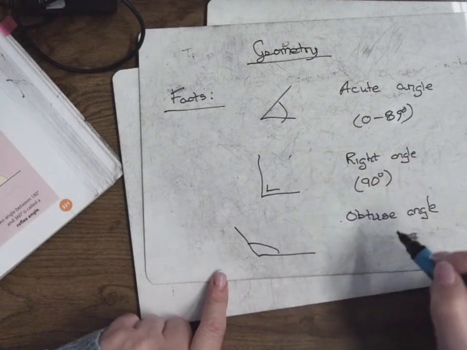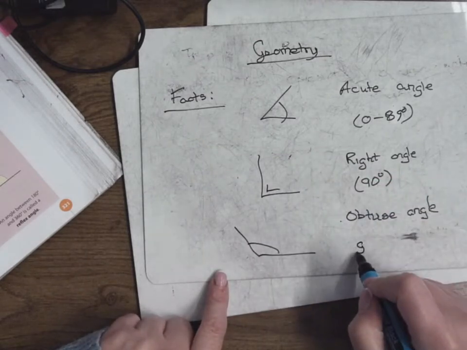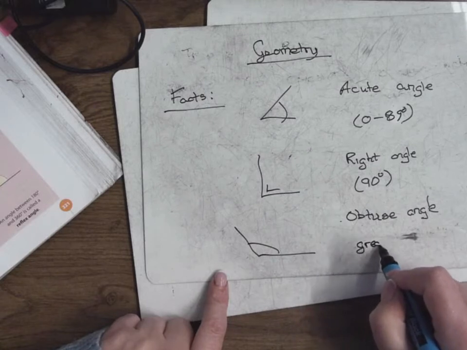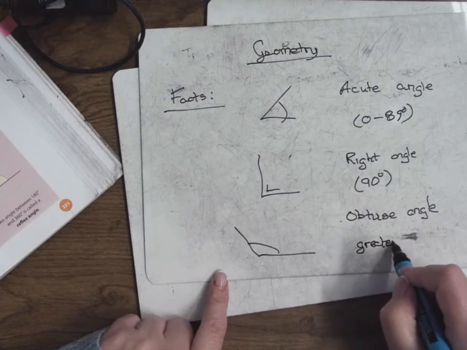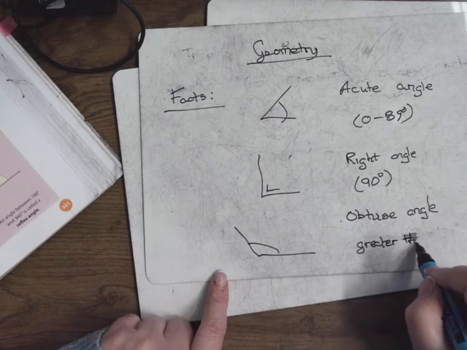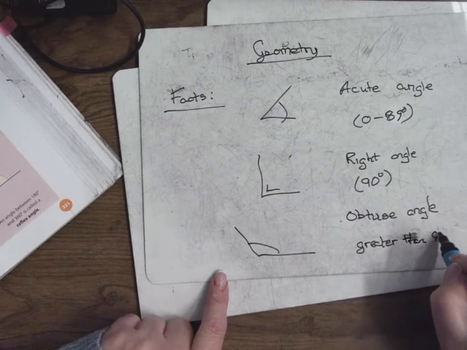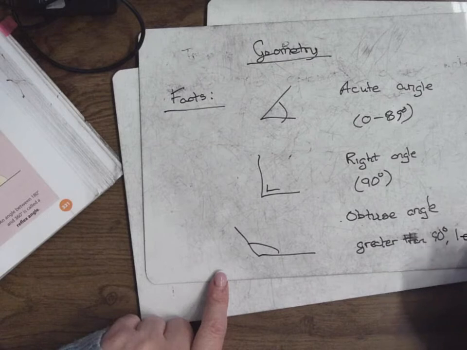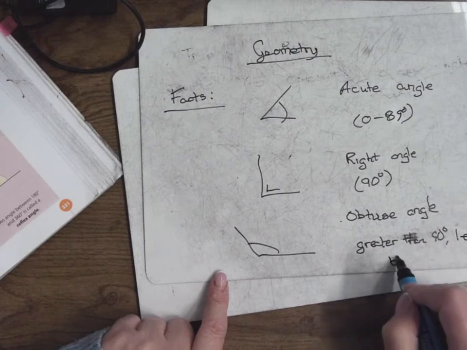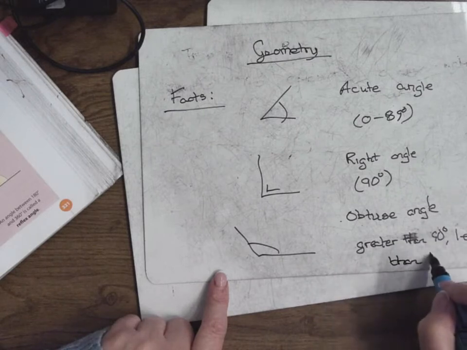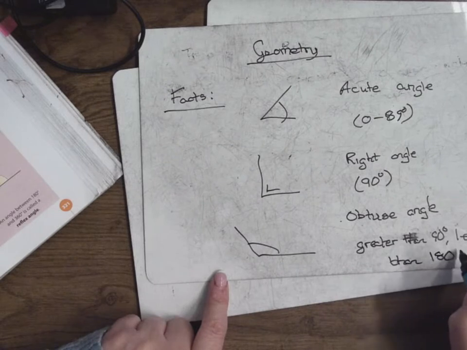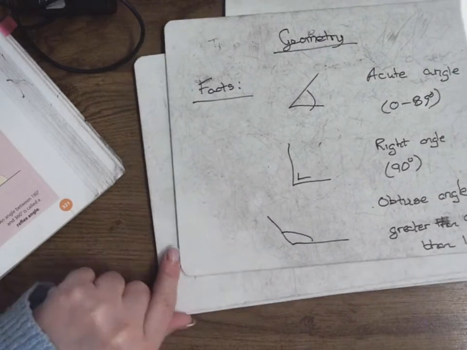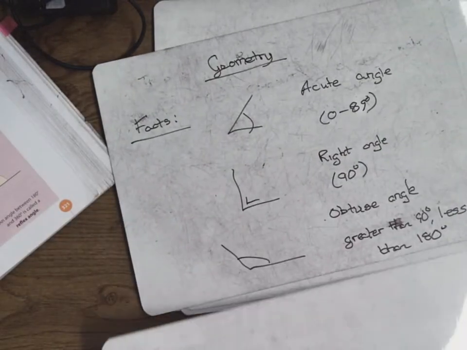Actually, that's weird, so I might say greater than 90 and less than 180. That's an obtuse angle.